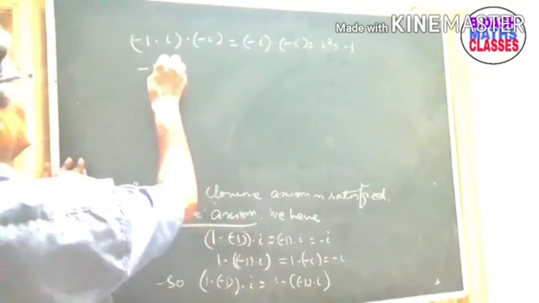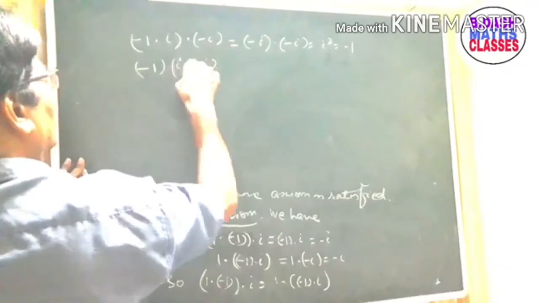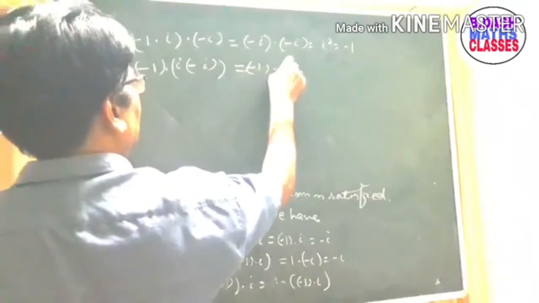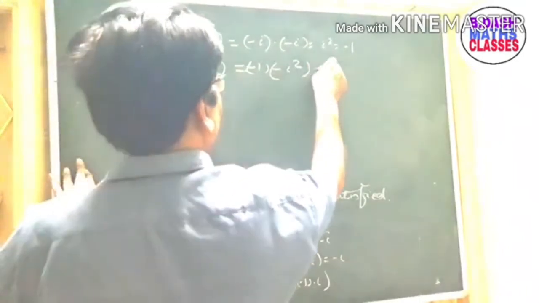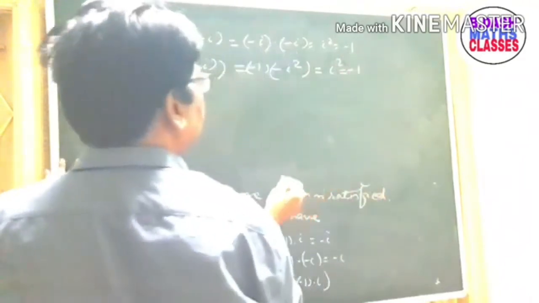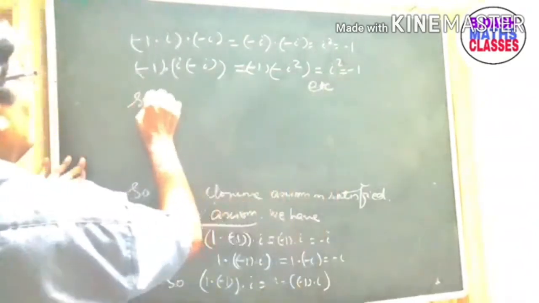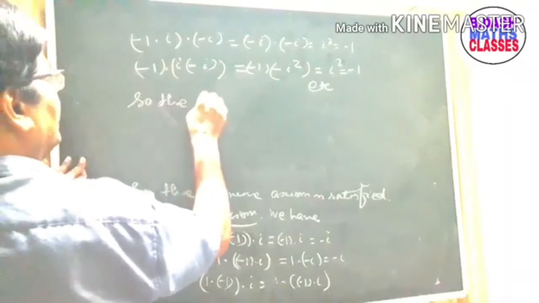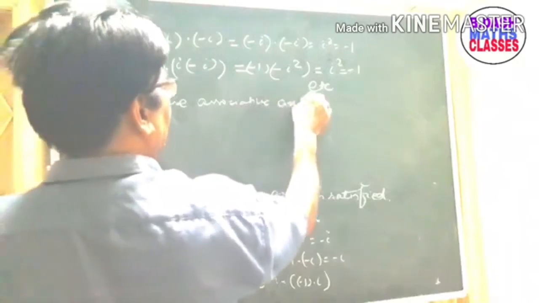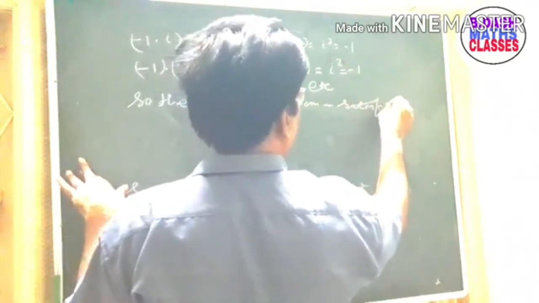Now -1 × (i × -i) = -1 × (-i²) = i² = -1, and so on. So the associative axiom is satisfied.